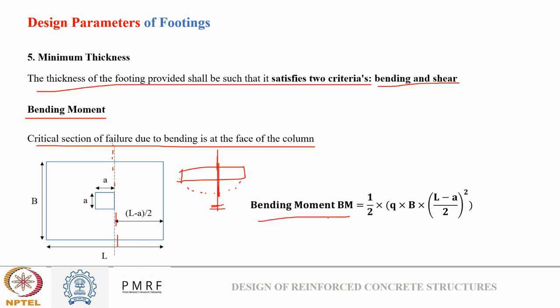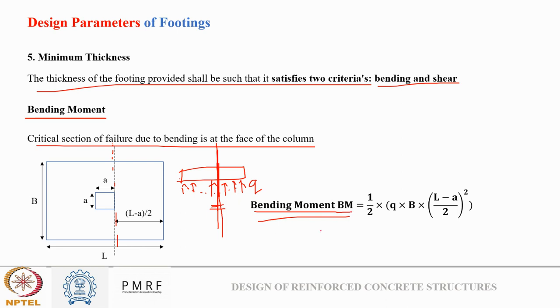We know the bending moment; there is some soil pressure acting below. If I assume there is uniform soil pressure acting below, I can calculate the bending moment acting at this face due to the soil pressure. Suppose this is q, it will be q into b into (L minus a) by 2, whole square, the whole thing divided by 2. So this much is the bending moment acting here.